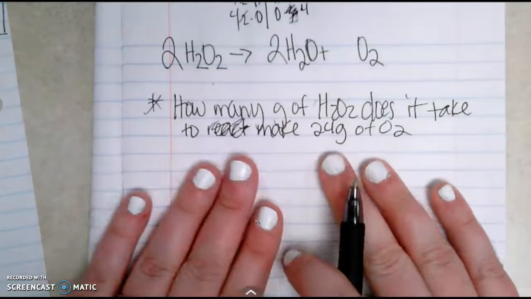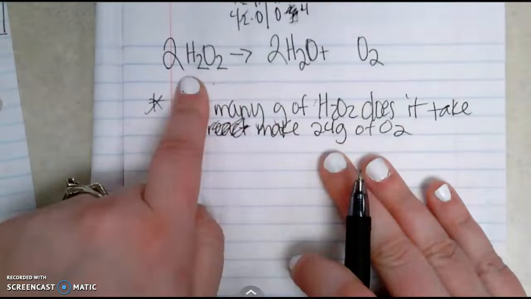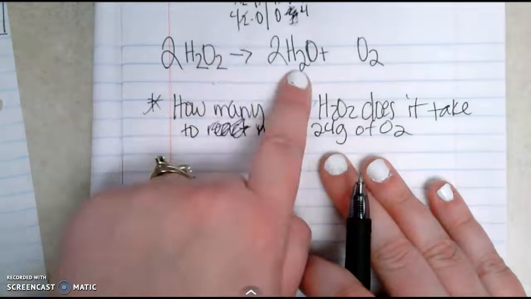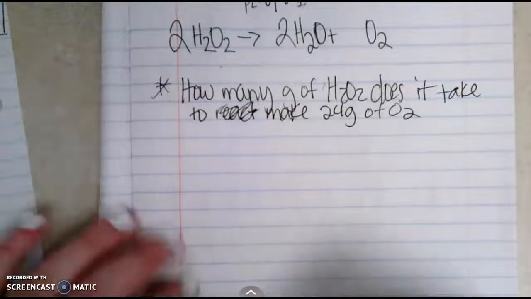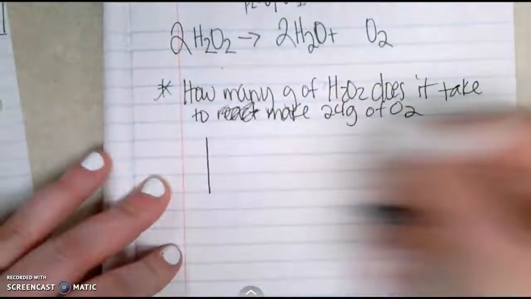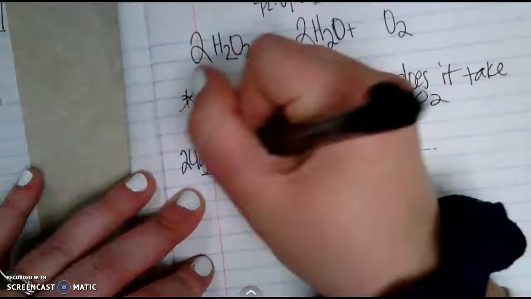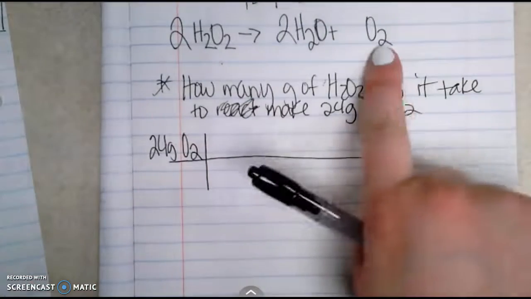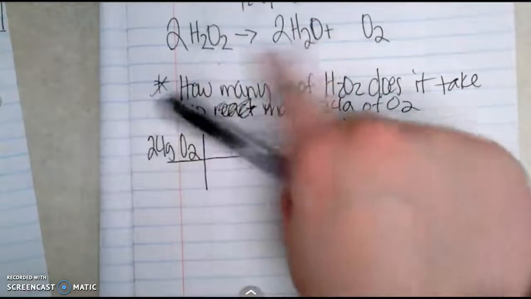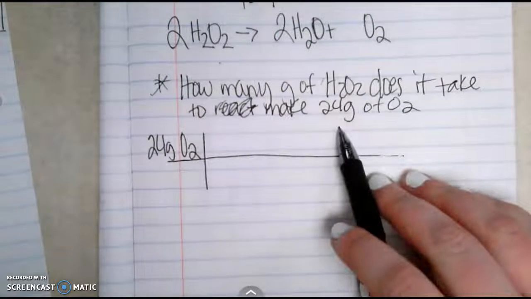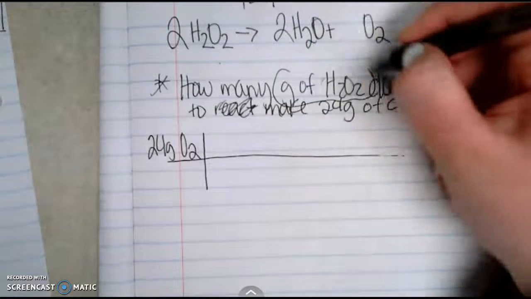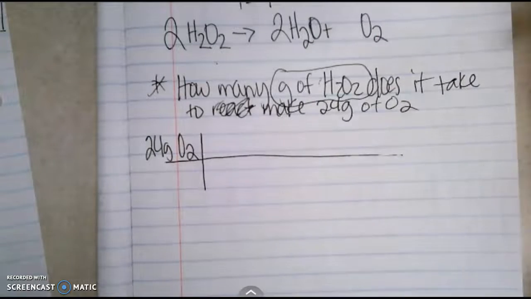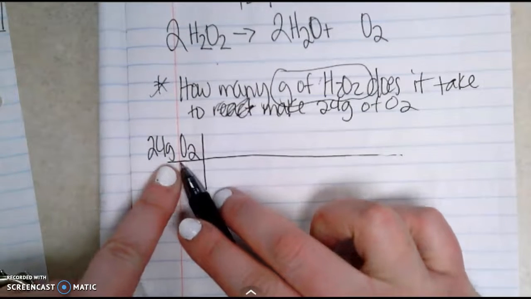Now I want to know how many grams of this it takes to make 24 grams of that. And this is my mole ratio. So I'm going to start with the thing that I know, which is I have 24 grams of O2. I'm looking for that, I have this. I'm not messing with that. So I have 24 grams of O2, and I'm looking for grams of H2O2. So I need to get rid of grams of O2.